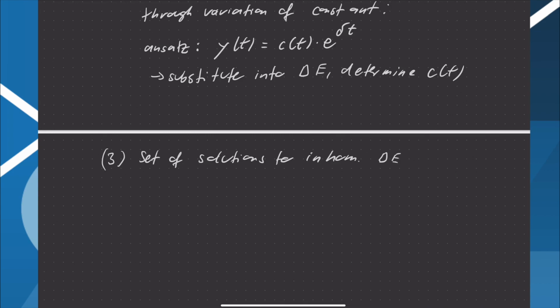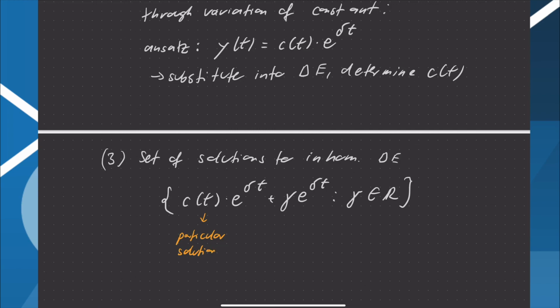And that set of solutions is then our particular solution, c of t times e to the delta t, plus gamma e to the delta t, and gamma any real number. Right, so this is the particular solution here. And this here is the set of solutions to the homogeneous differential equation.